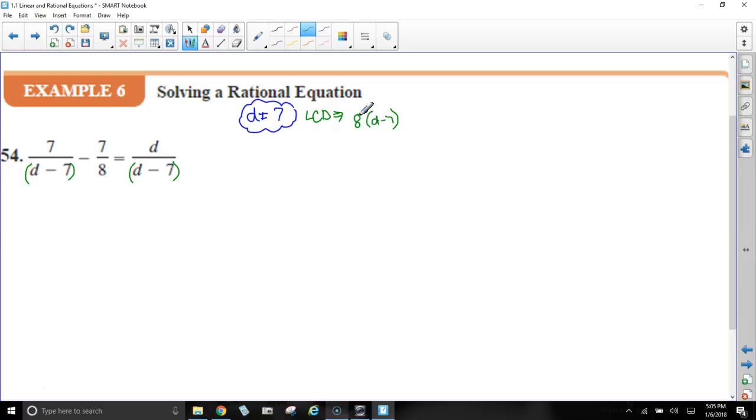That just makes me feel a little bit more comfortable. Now we're going to multiply each of these 3 terms by that least common denominator. So here I'm going to multiply times 8 times d minus 7 there, times 8 times d minus 7 there, and here as well.